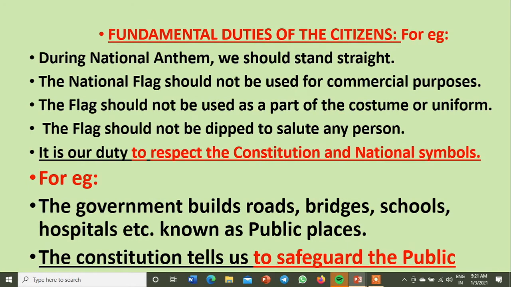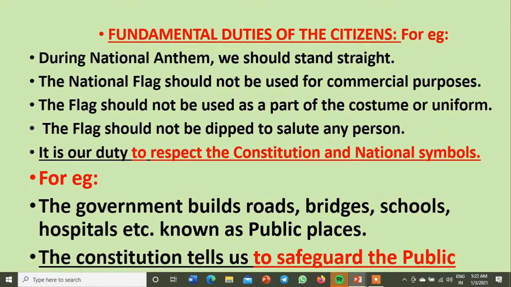During the national anthem, we should stand straight. We all stand straight when there is the national anthem in our school assembly. So we are taught all these things. So this is our fundamental duty as a citizen. The next is that the national flag should not be used for commercial purposes.